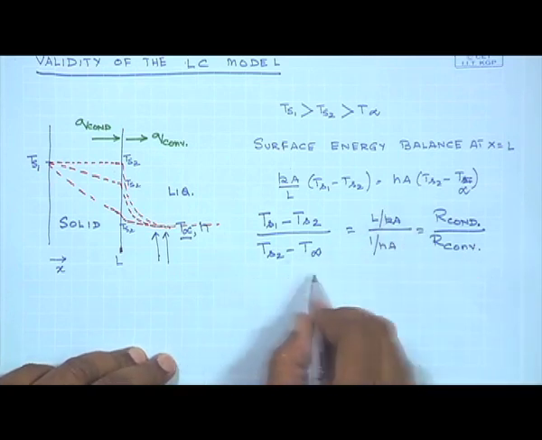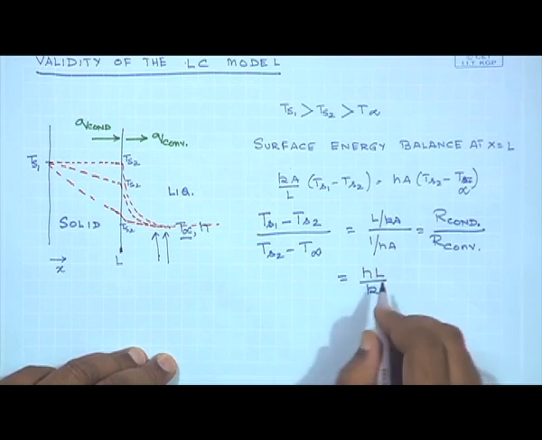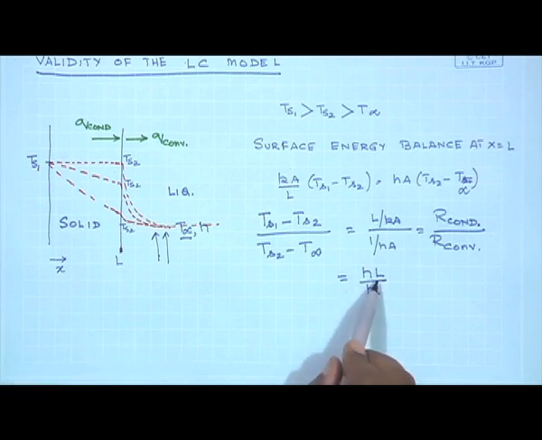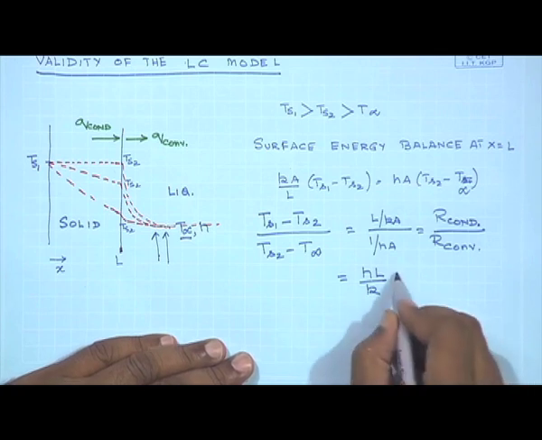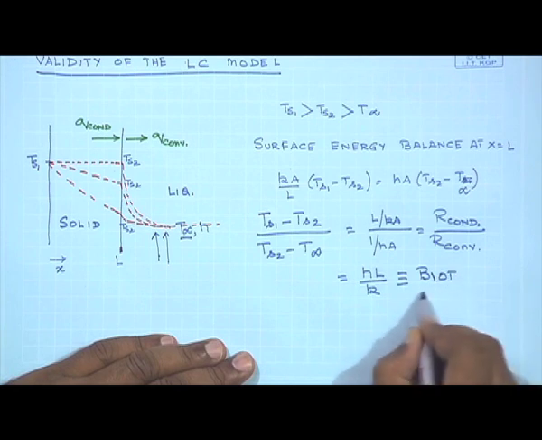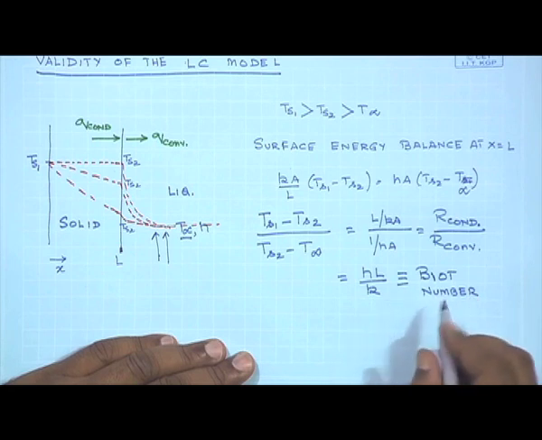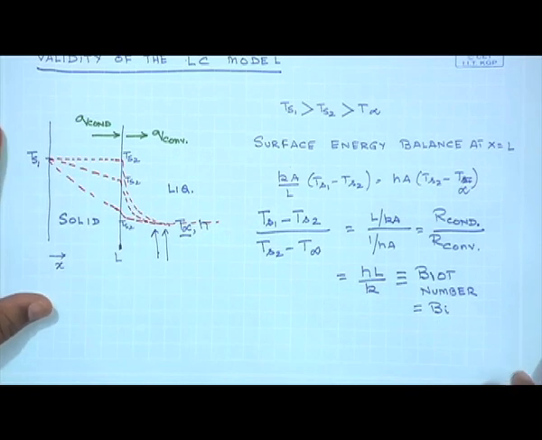And if you simplify this, it is going to be equal to hL by k, where h is the convective heat transfer coefficient, L is the length of the solid object, and k is the thermal conductivity of the solid, and this is defined as the Biot number, a dimensionless number expressed as Bi. So, hL by k is termed as Biot number.